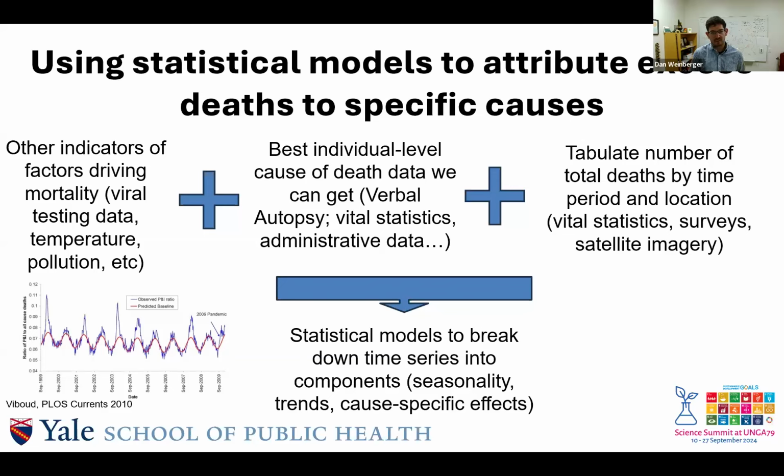We can get good individual level cause of death data from whatever sources we can. That might come from vital statistics, verbal autopsy, and so forth. And then the overall cause of death data, the total number of deaths. We can put this into a statistical model to see what factors best explain the patterns that we see in excess deaths.